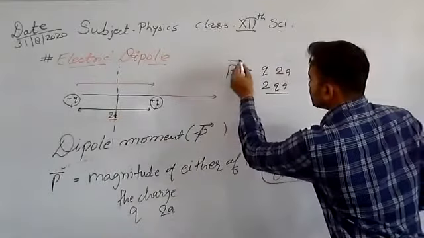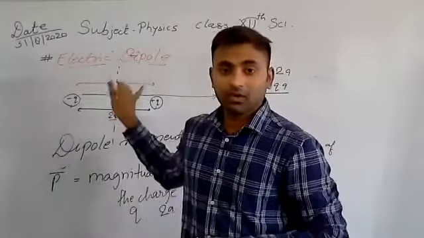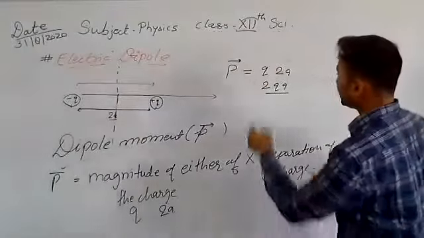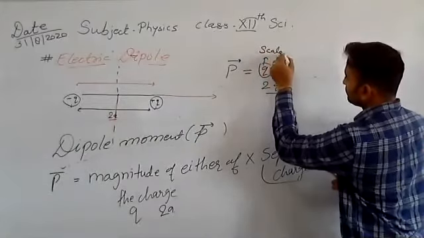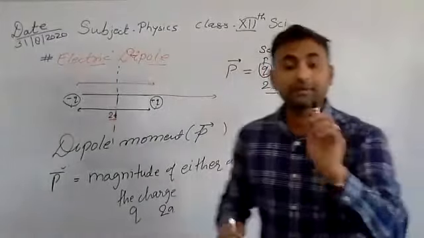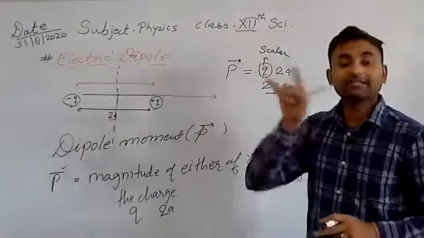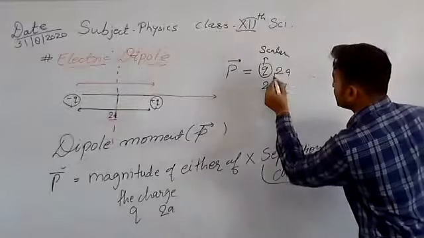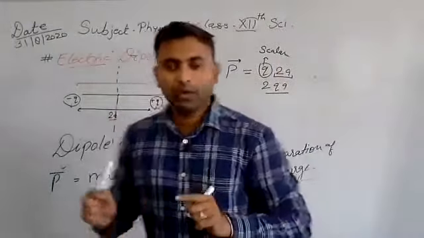This moment is a vector quantity. But this charge is what? It is scalar. Which means to make this moment a vector quantity, this 2A should be treated as a vector. What is 2A?